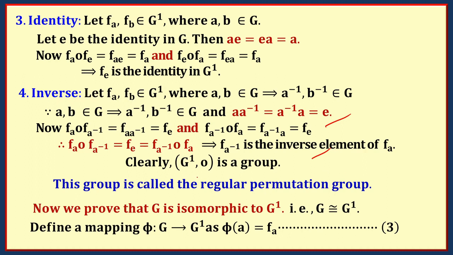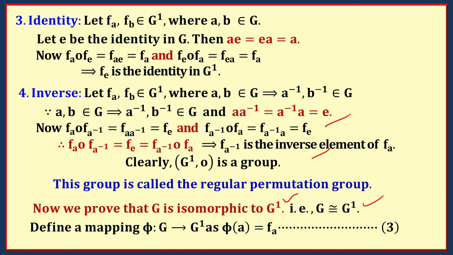Now we prove that G is isomorphic to a permutation group G'. Since G is a group, given the condition, two groups G and G' are said to be isomorphic. First we define a mapping from G to G' which is one-one, onto and a homomorphism.